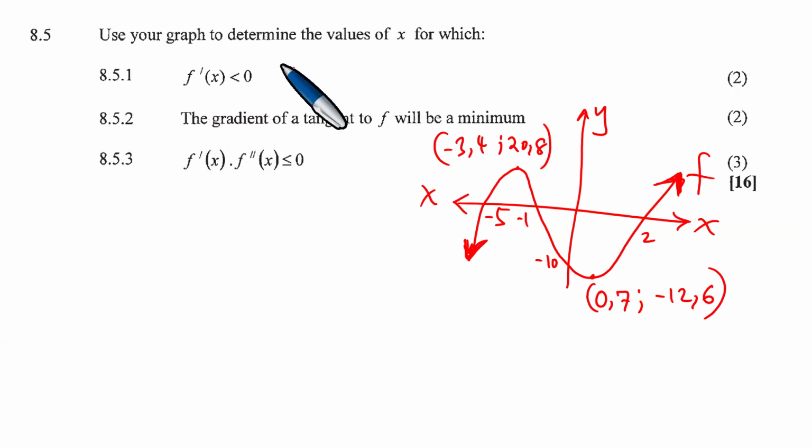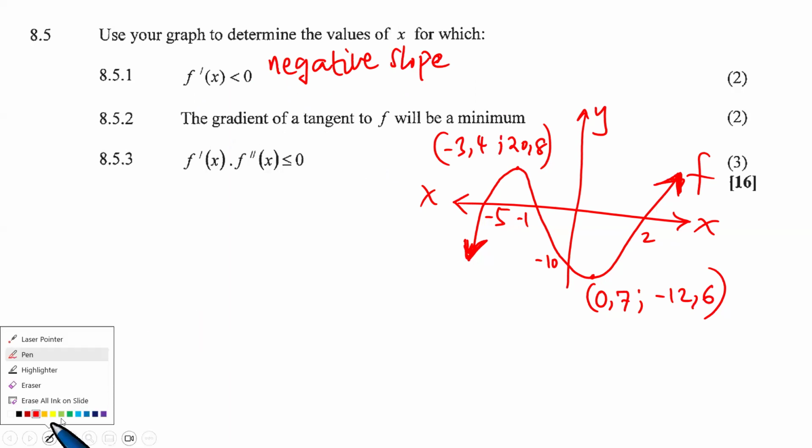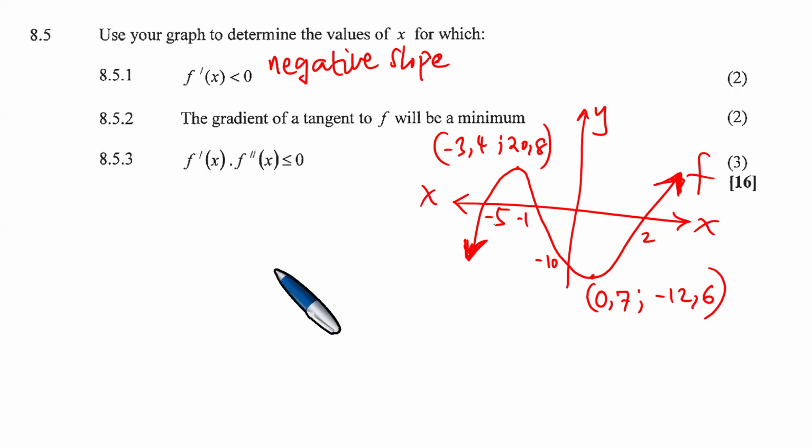If the first derivative is negative, it means you have negative slope. When is the slope negative? When the graph is running down slope. Down slope, negative. Positive slope, positive, negative.